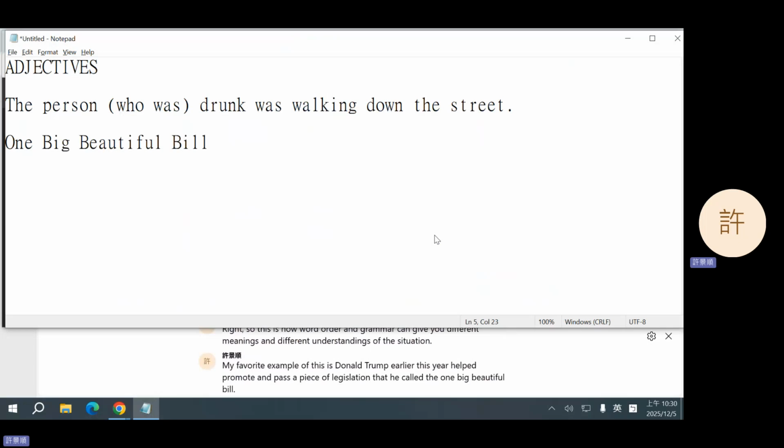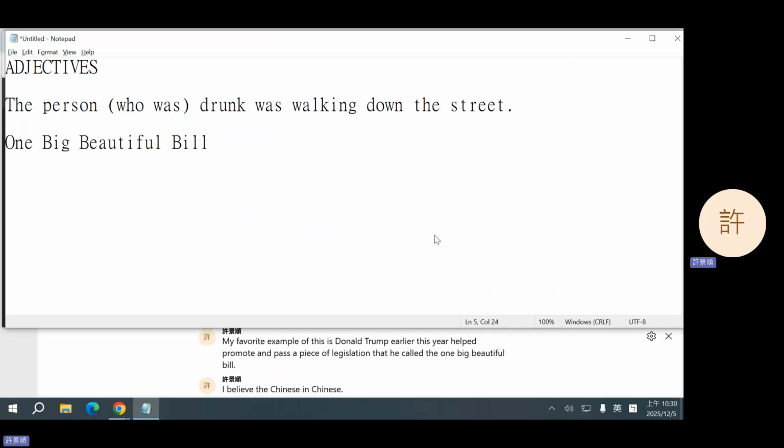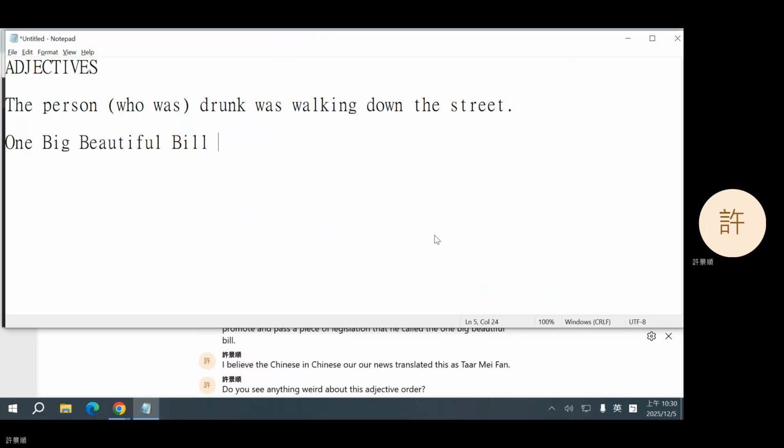I believe in Chinese our news translated this as 大而美法案. Do you see anything weird about this adjective order? Beautiful should be more subjective than big, right? We can agree whether something is big or not, but we can more disagree whether it's beautiful or not.